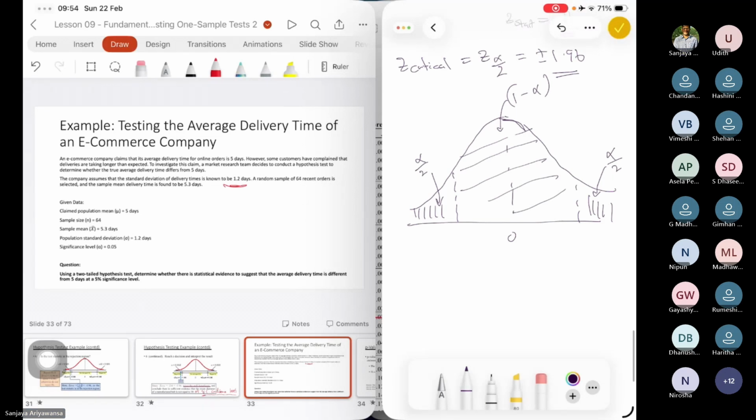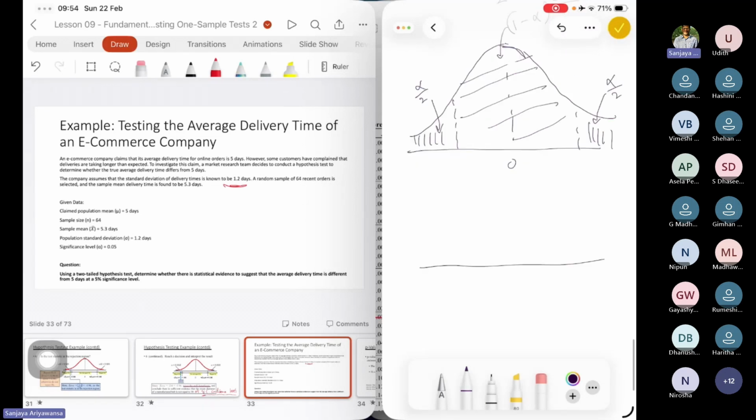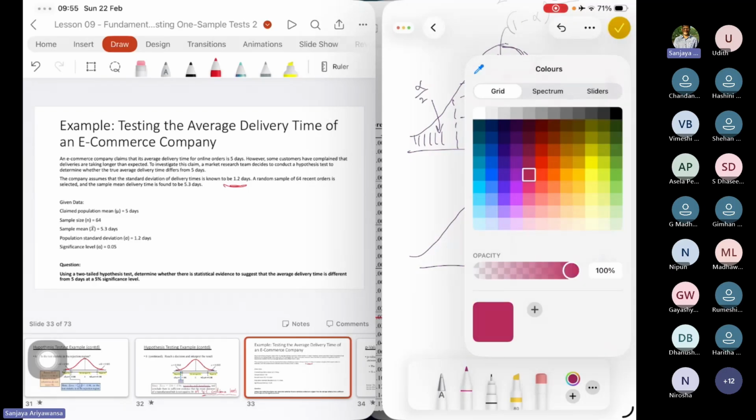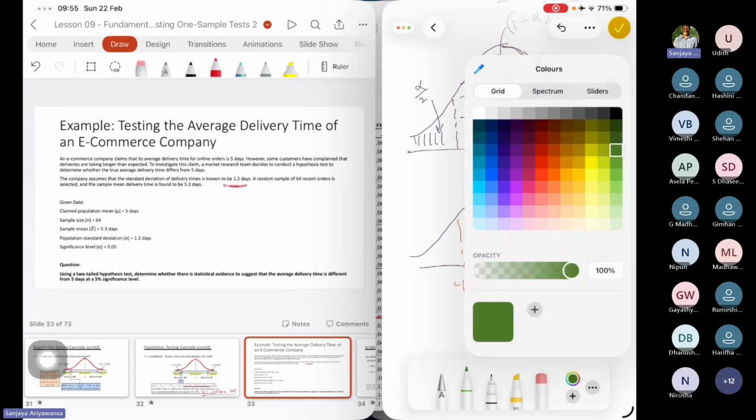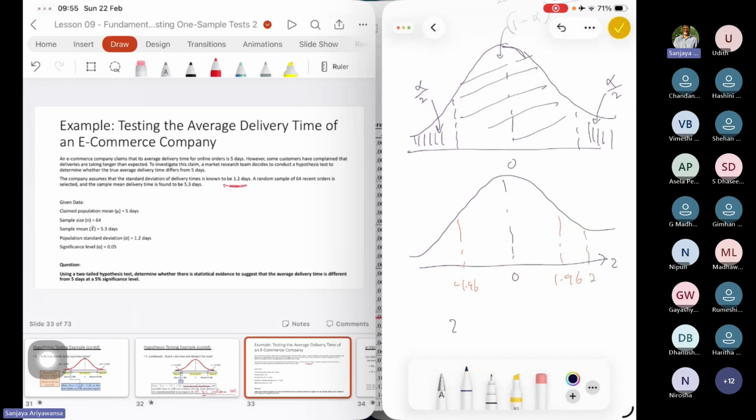So in our visualization, I'll draw it again. I'll use different colors for the critical values. So negative 1.96, positive 1.96. Now our Z test statistic is what? 2. So definitely you see that the Z test statistic is greater than the Z critical value because it's in this rejection region.